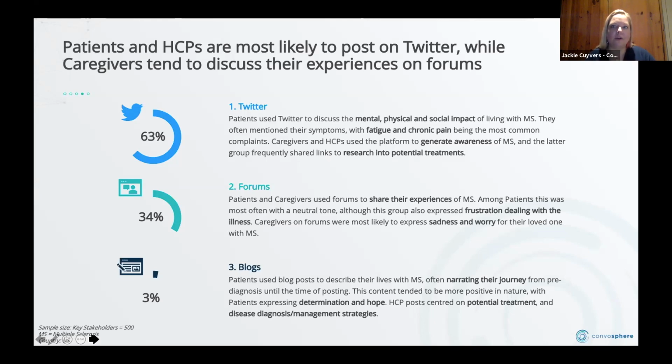And on Twitter, they are 60% of the time just resharing news and awareness information without adding any personal commentary or context. It is generally around congresses or conferences where we see them giving their own opinion or sharing new information or their perception of things. But it's most common to see them just resharing information.